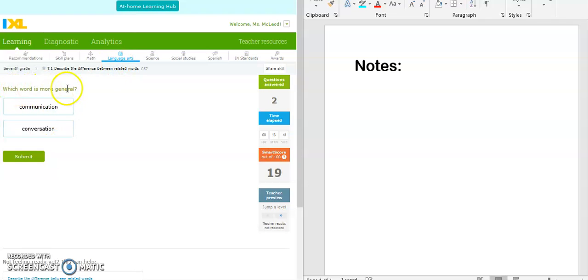It asks me, which word is more general? Another way of saying that is which word is more vague?